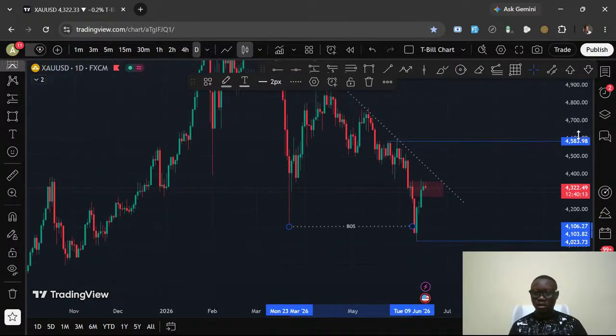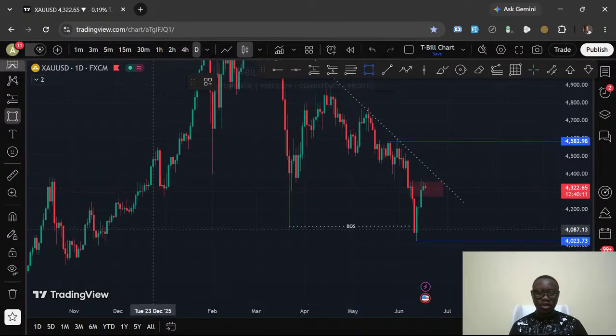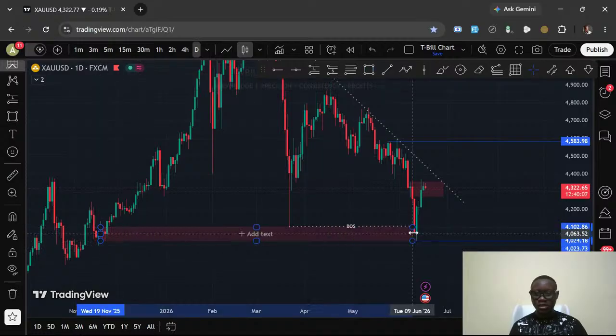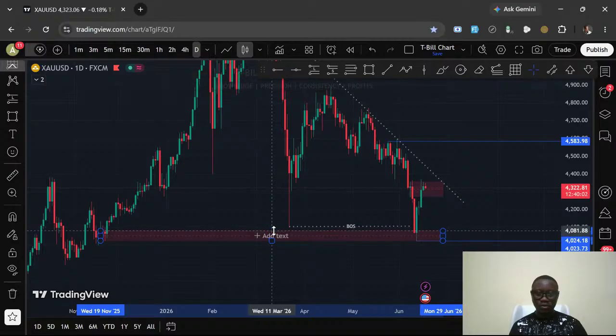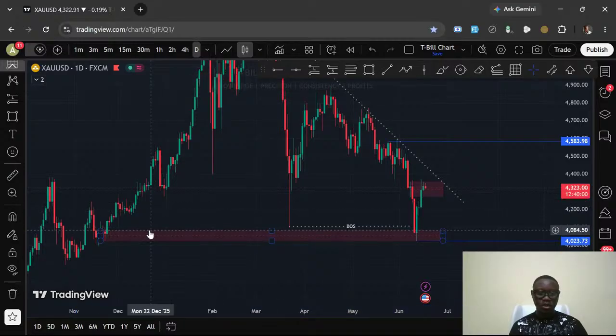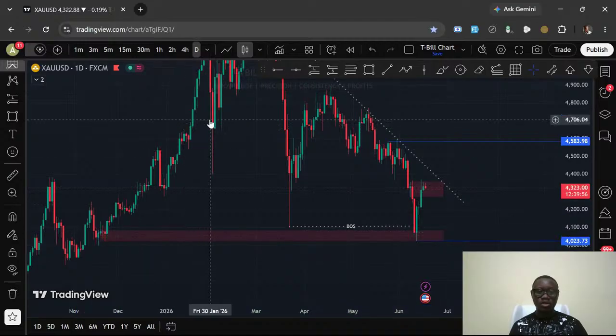Okay. It is important we acknowledge where price originated from. Price originated from this order block zone right here, which is this. Okay, this is our demand order block zone, or bullish order block zone.